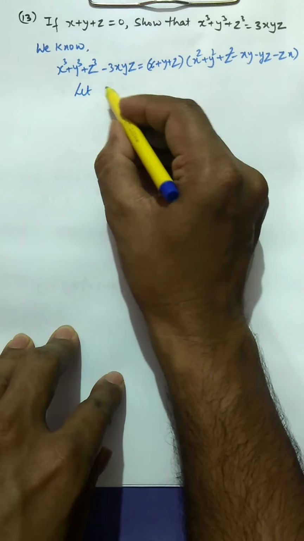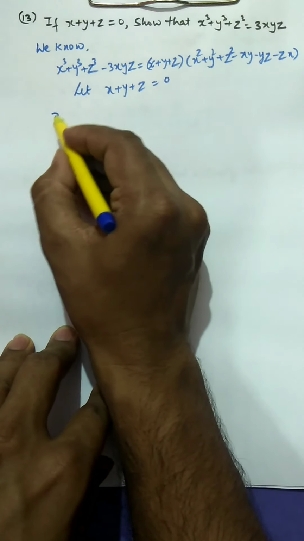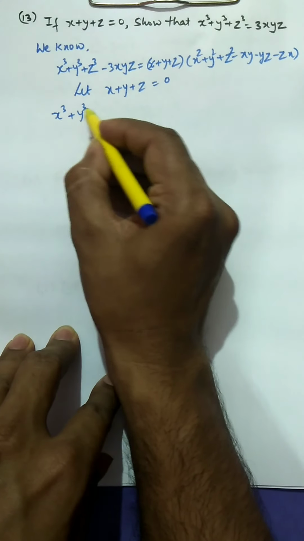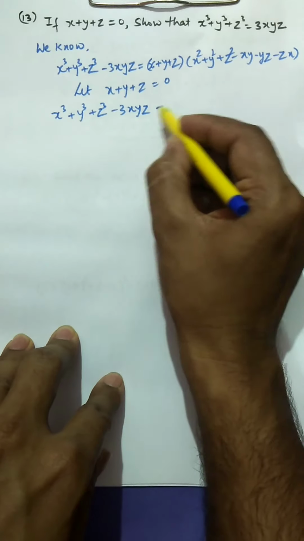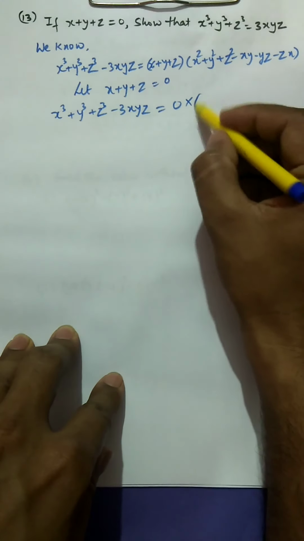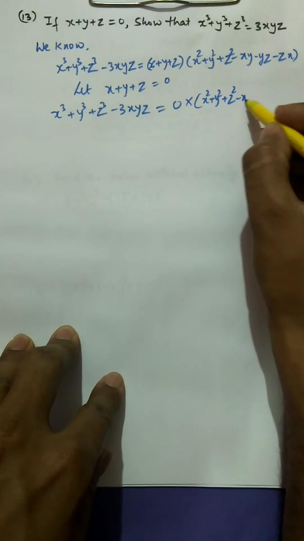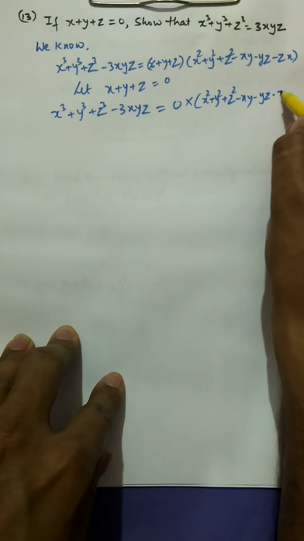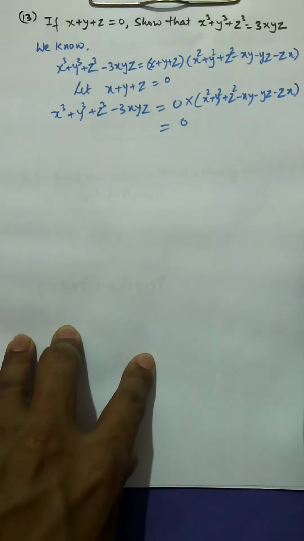Let x plus y plus z equal to 0 in this identity, then this will become x cube plus y cube plus z cube minus 3xyz is equal to 0 into this x square plus y square plus z square minus xy minus yz minus zx. So this side is going to be 0 because 0 into any number is 0.